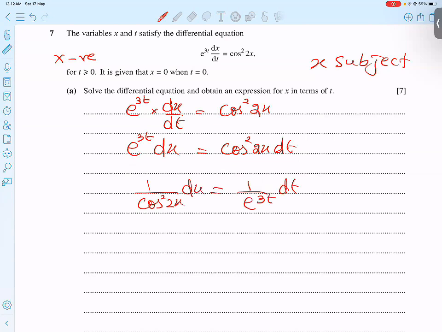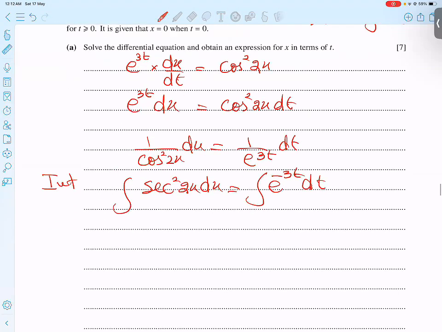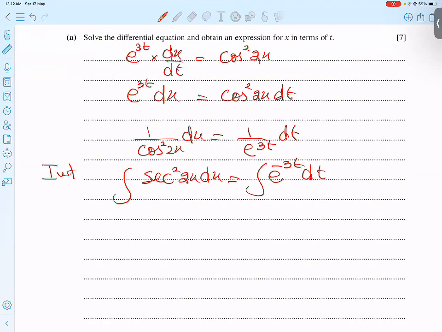Now, students, what I will do is integrate both sides. When I start integrating, I bring it up: secant square 2x and e to the power negative 3t dt. So the question is ready for integration. And what is the integration of secant square? Tan is the derivative of... secant square is the derivative of tan.